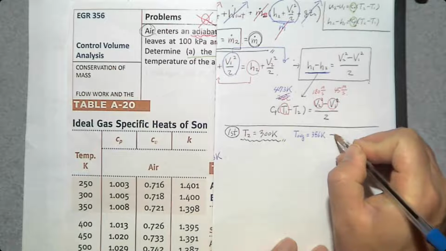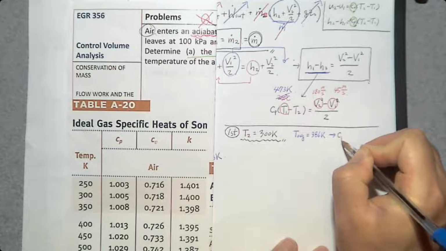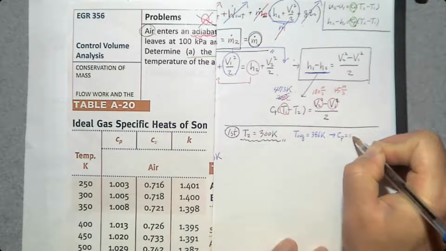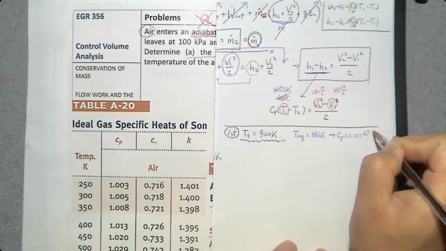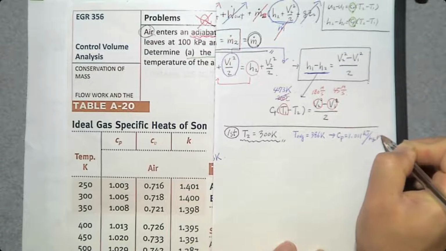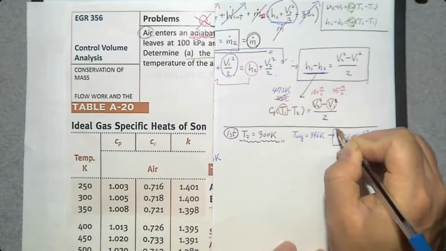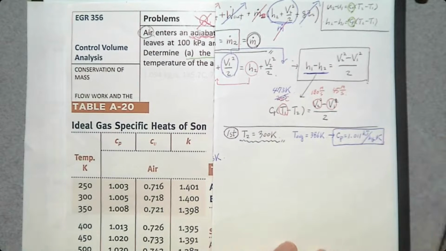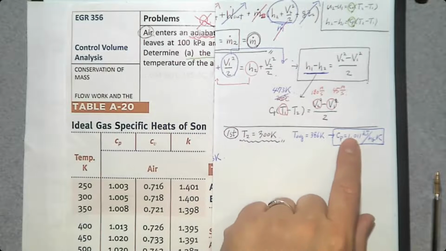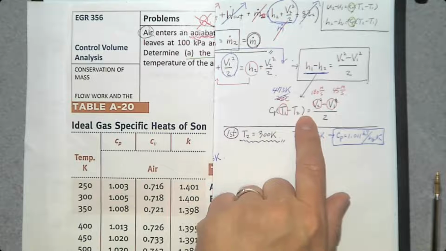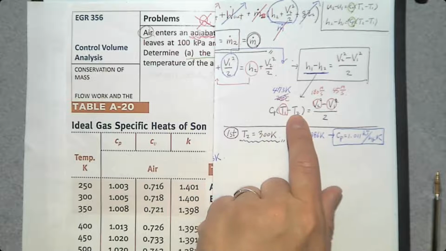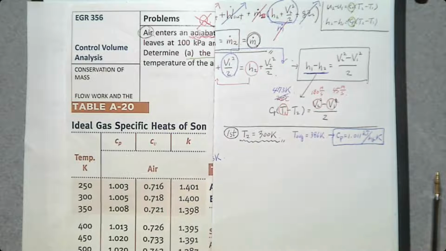So at this average temperature, specific heat is going to be 1.011 kilojoule per kilogram Kelvin. So using this specific heat, we can solve this energy balance equation to determine T2. So let's do that.